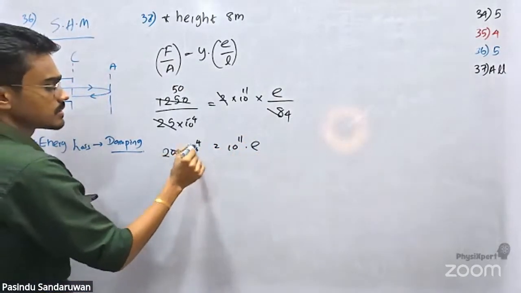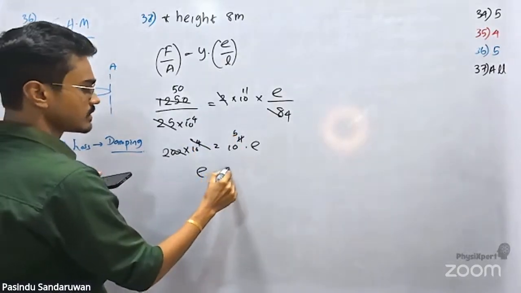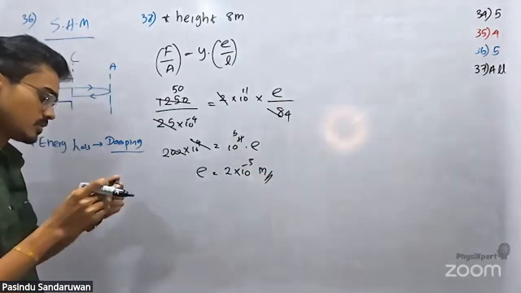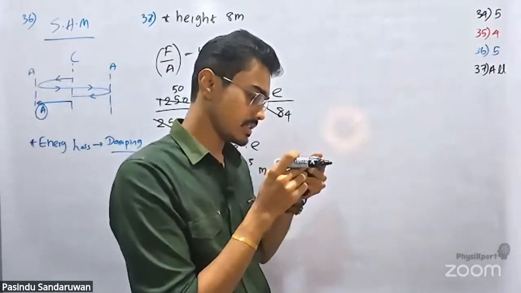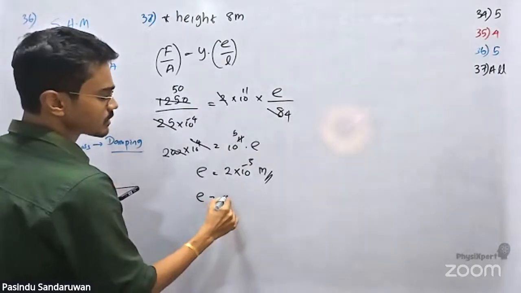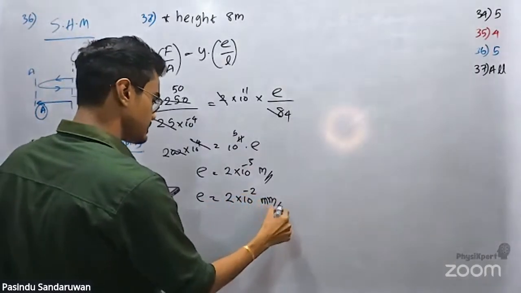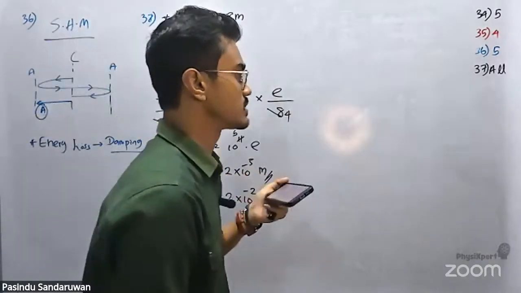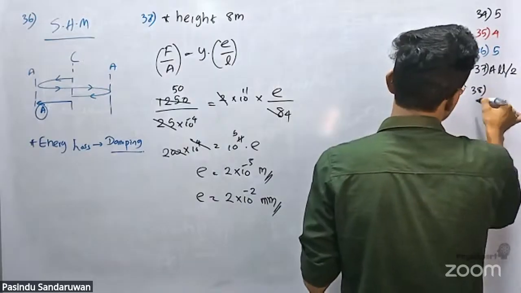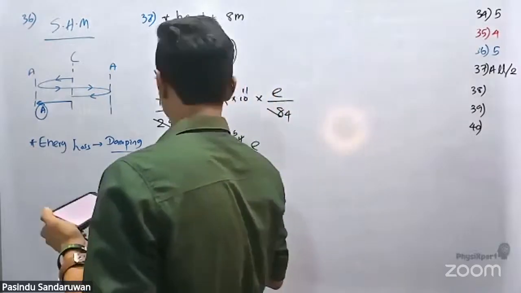Altogether this is 10 to the power 6, then here 10 to the power 5 remains. So e equals 2 times 10 to the power minus 5 meters. In millimeters, that is equivalent to 2 times 10 to the power minus 2 millimeters. 37, answer 2. For your case, I have given this as all because this data was missing.